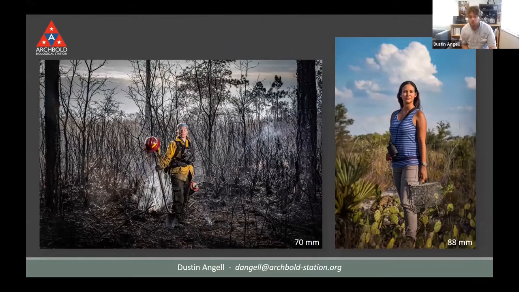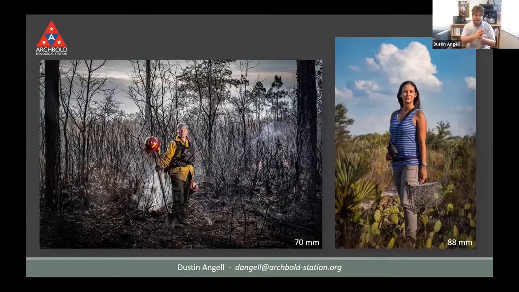Usually when I'm doing portraits though, I am zooming in. And the photo on the right of Xochitl is what the portraits I take usually look like, where I'm zooming in on them and having the background go out of focus a bit. But I did want to include the one on the left here of Alicia, because that at first glance looks like maybe it was shot with a wide angle, but you can see it's not. It's at 70 millimeters.